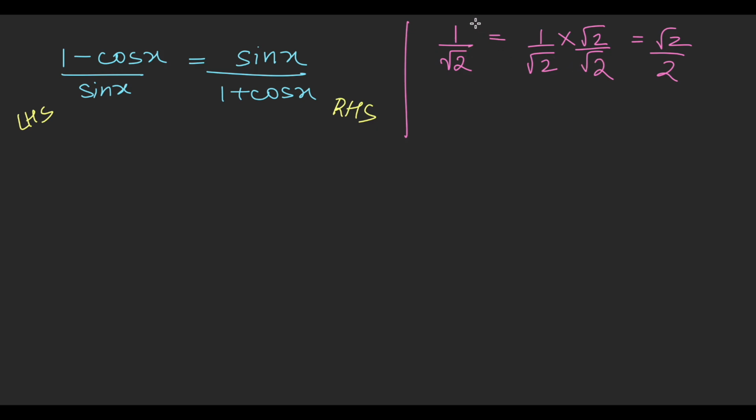So I multiply both the numerator and the denominator by the same number, which is root 2, to get an integer value for the denominator.